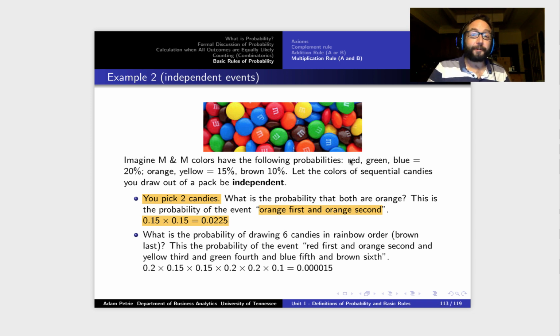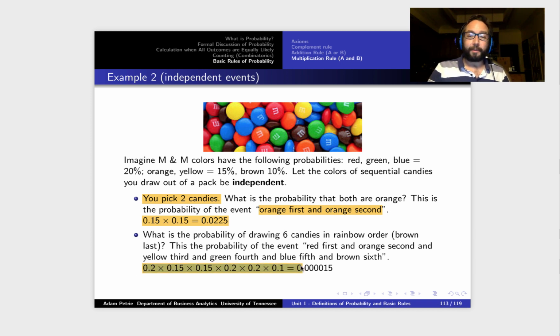The probability the first one is red, 20%, times the probability the second one is orange, 15%, times the probability the third is yellow, 15%, times the probability the fourth M&M is green, 0.2, the fifth M&M is blue, 0.2, and last but not least, brown at 10%.